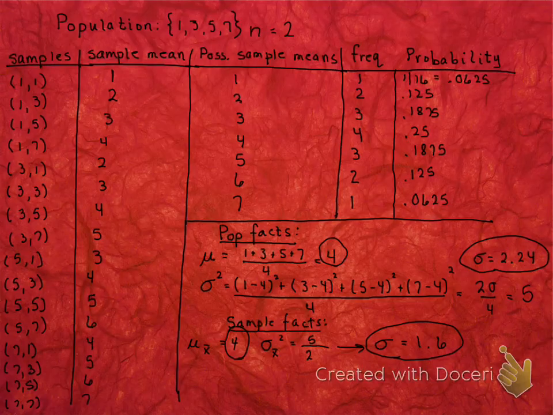Okay, so this is the way that you will do problems that involve finding the variation and standard deviation of a sample distribution, okay?